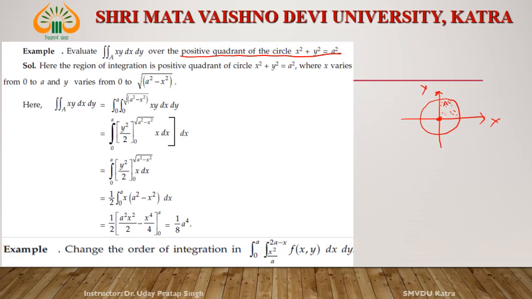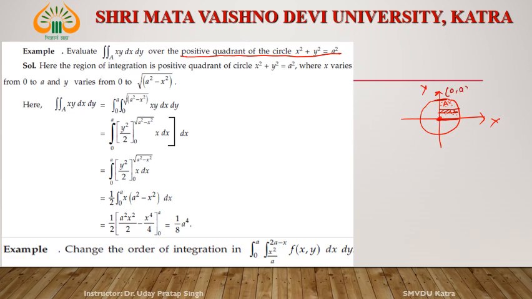Then the integral is evaluated as, consider any strip, either parallel to x-axis or y-axis. If we consider the strip parallel to x-axis, say this one, then the lower portion of this strip comes to this part and the upper portion up to this part. What is this?